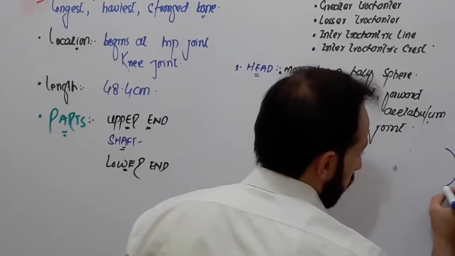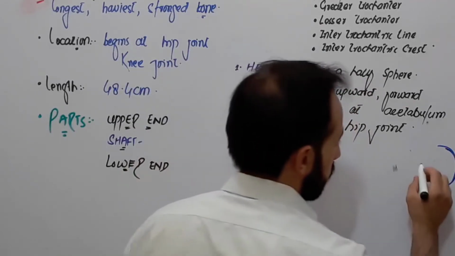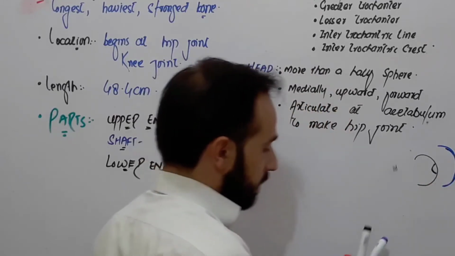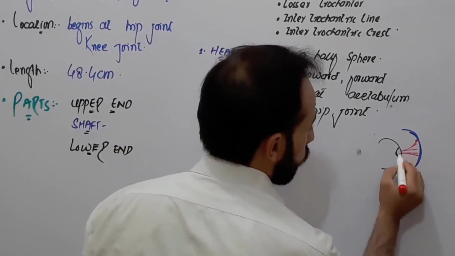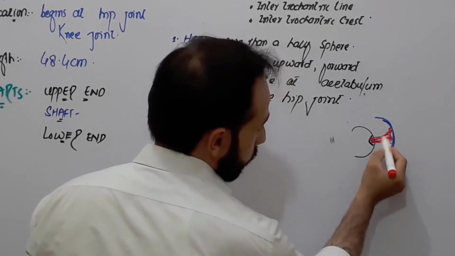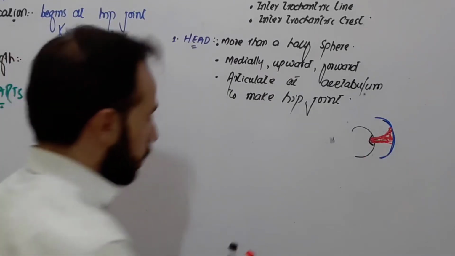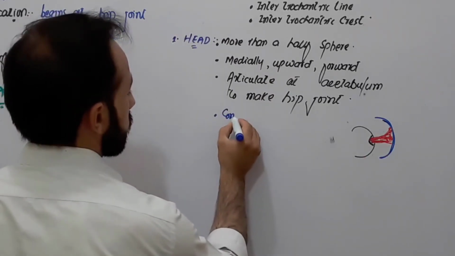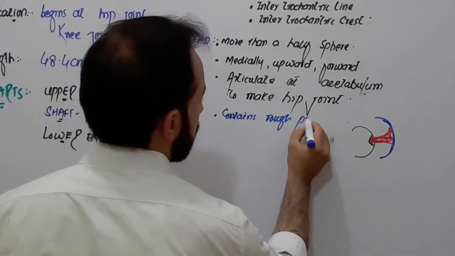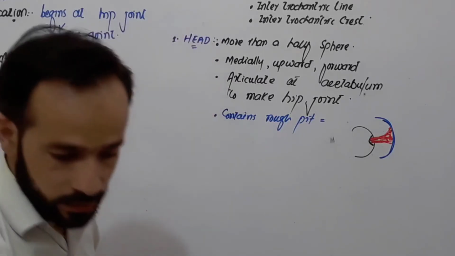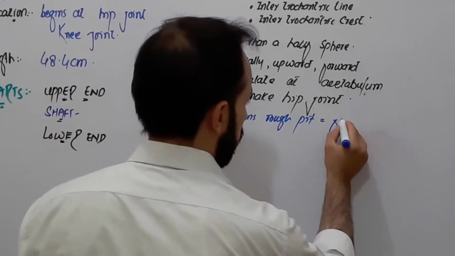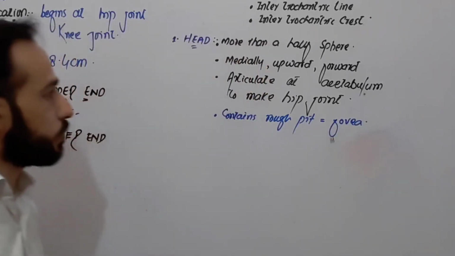So if there is the acetabulum, right, and here is the head of your femur, so the head has this rough pit, and there is the connection of the ligament between the acetabulum and the head of your femur. So we say it contains a rough pit, which is called what? Which is called fovea. Right, I will show you these important points.